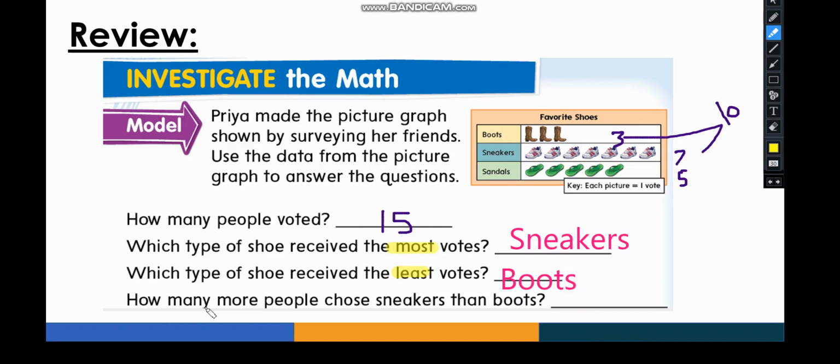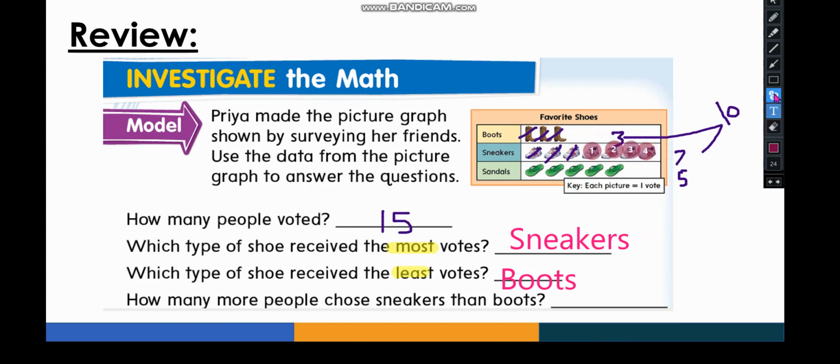Okay, now how many more people chose sneakers than boots? Let's come here. This is boots, this is sneakers. This is 3, this is 7. I have 2 ways I can do this. I can match 1 with 1, 1 with 1, 1 with 1. How many remain? Let's count. 1, 2, 3, 4.